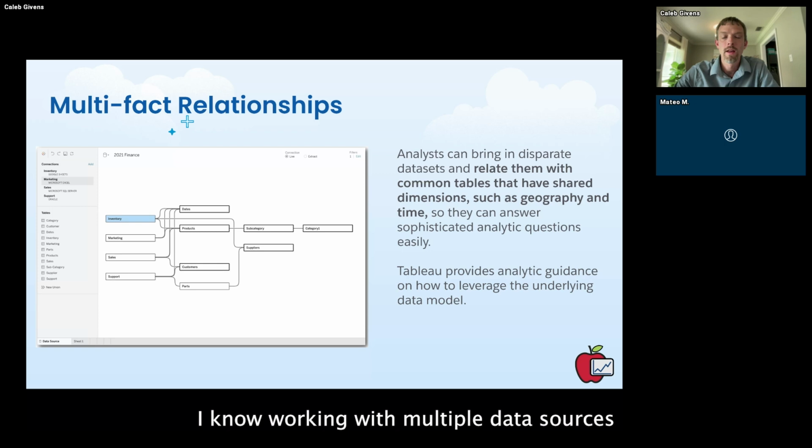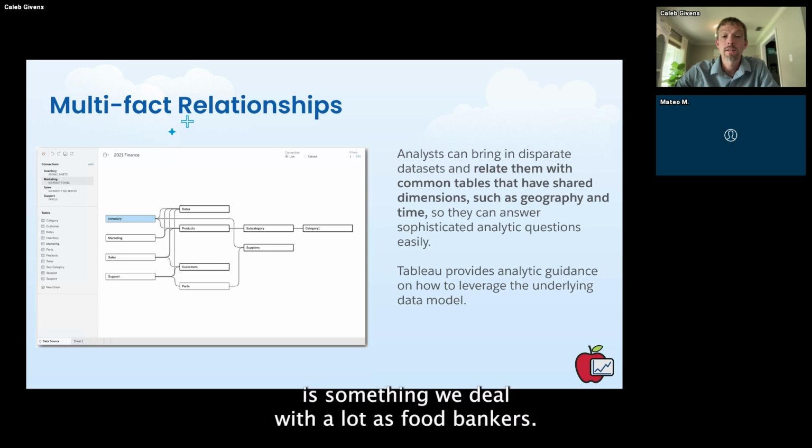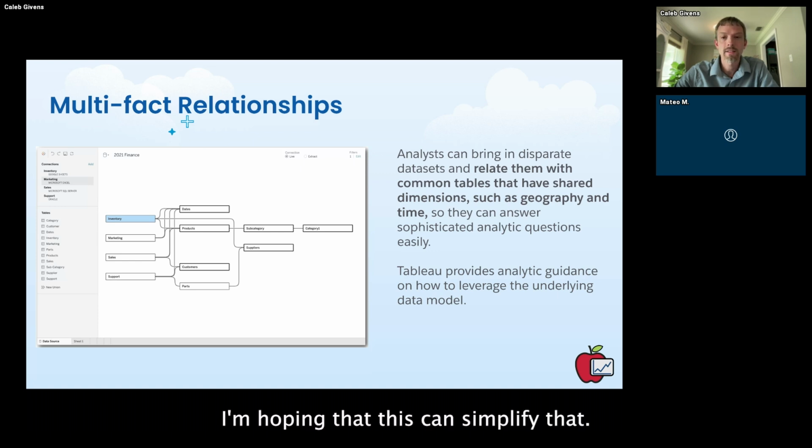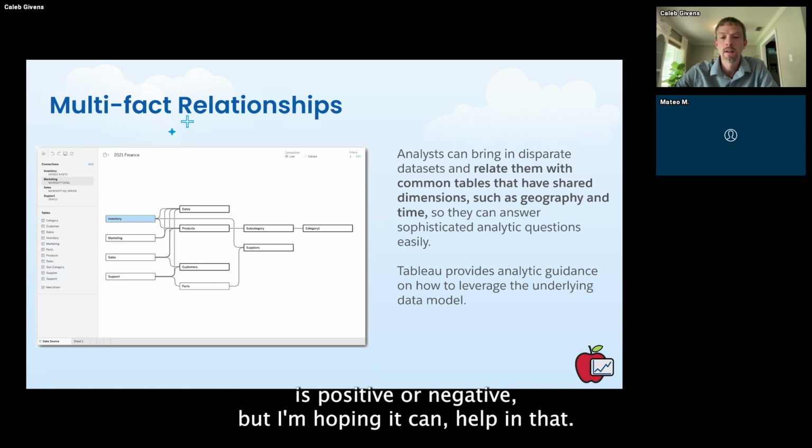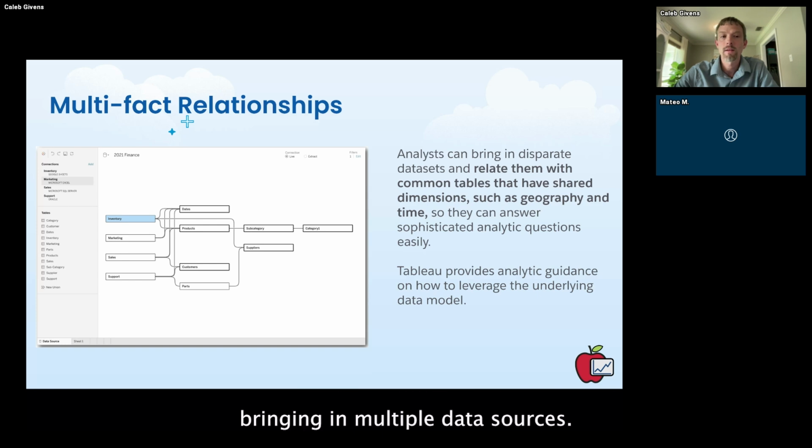I know working with multiple data sources is something we deal with a lot as food bankers. And so I'm hoping that this can simplify that. If you've used this, I'd be really curious to know what your experience is, positive or negative. But I'm hoping it can help in that bringing in multiple data sources.